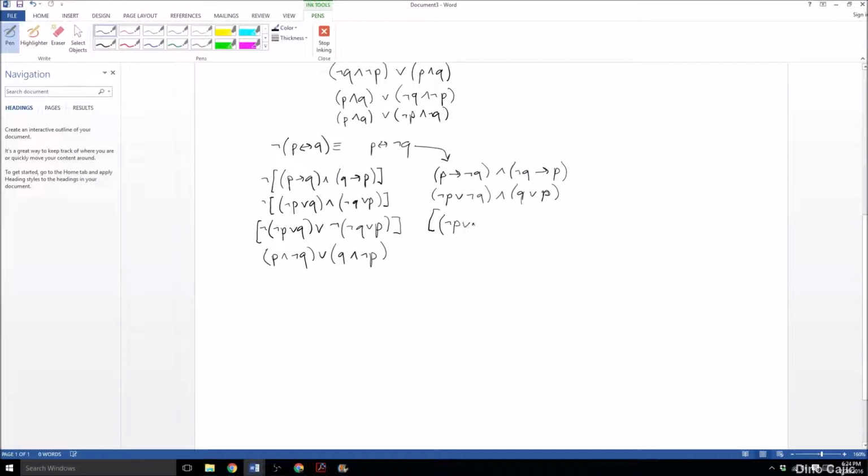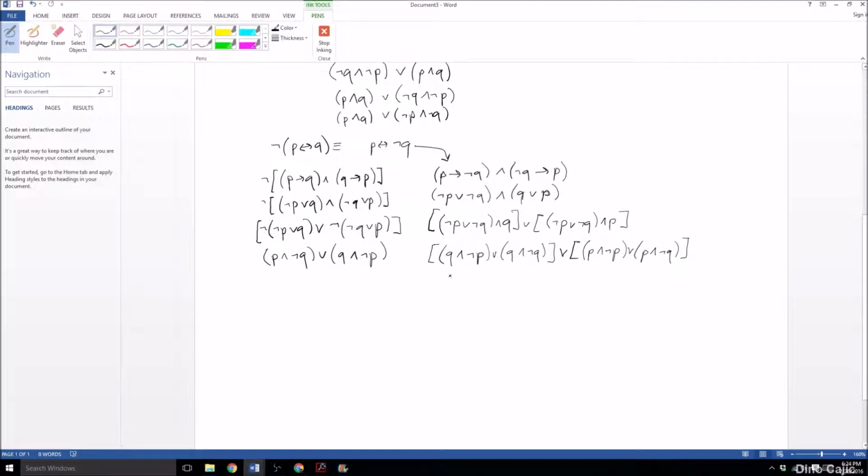Not P or not Q and Q, or not P or not Q and P. Alright, let's go ahead and distribute the Q and not P, or Q and not Q, followed by the distribution of this P and inside here. So that'll be P and not P, or P and not Q.